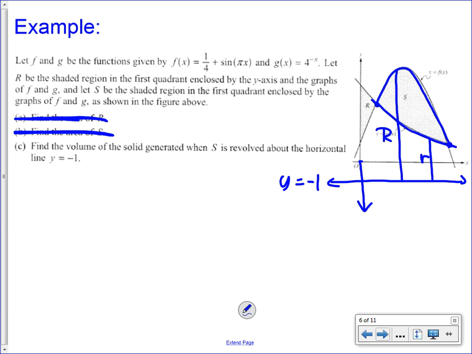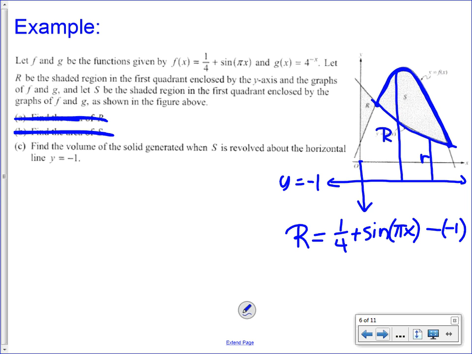Now, to find the function for big R, you're still using upper minus lower. Our upper function in this case is our sine function. So it's going to be 1/4 plus sine of pi times x minus -1, because that horizontal line at -1 would be like your lower function.